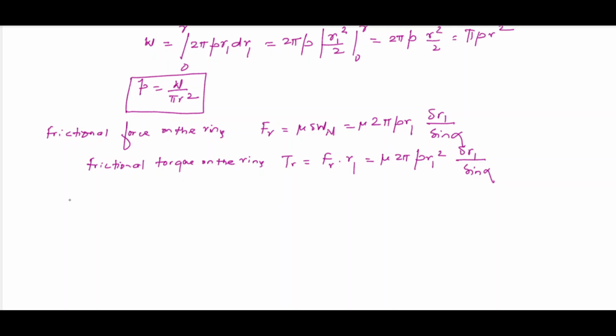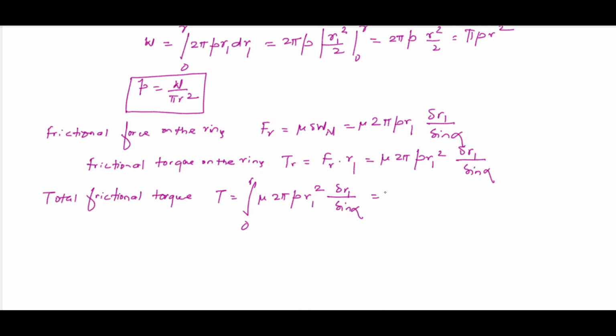So the total frictional torque T is given by integration 0 to r of mu 2 pi p r1 square del r1 by sin alpha.